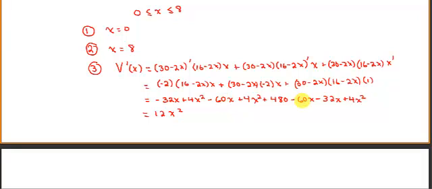And then a negative 60x, so negative 152x, and another 32x makes negative 184x. And then we'll have plus 480.